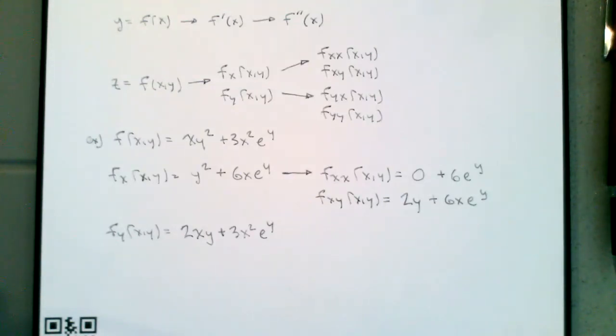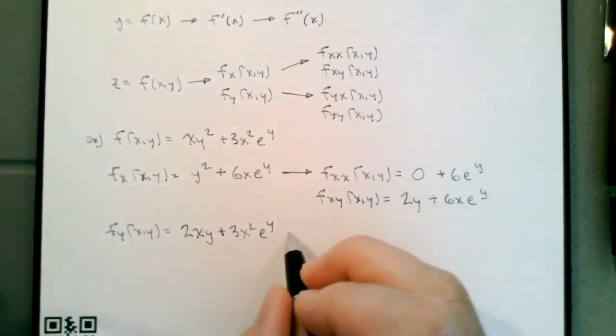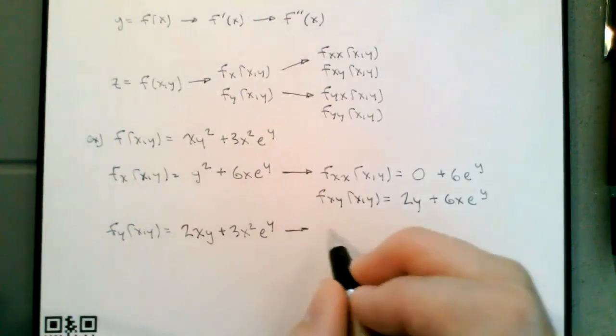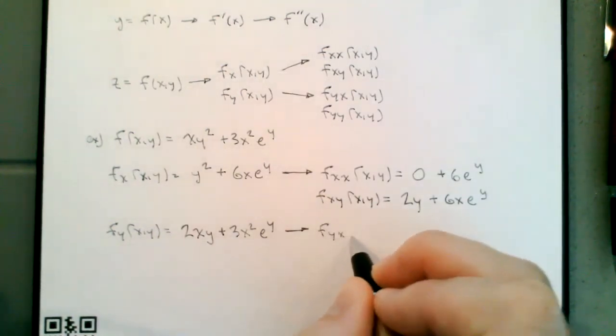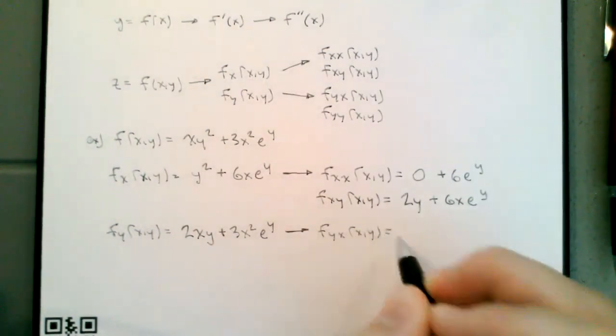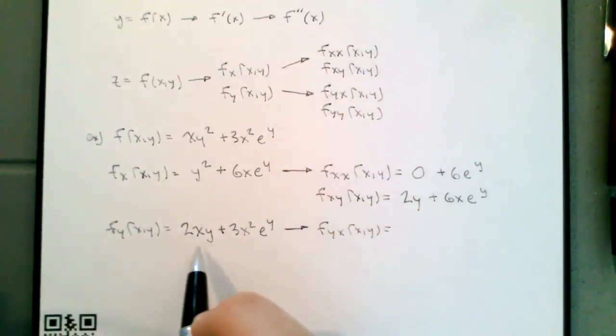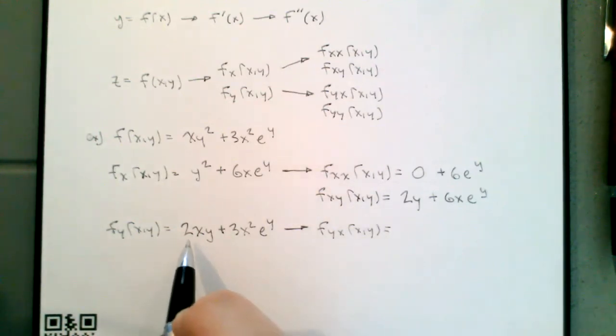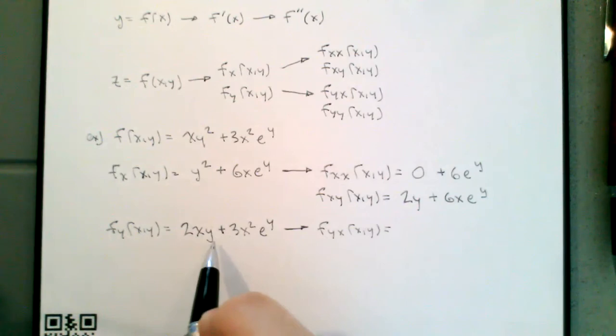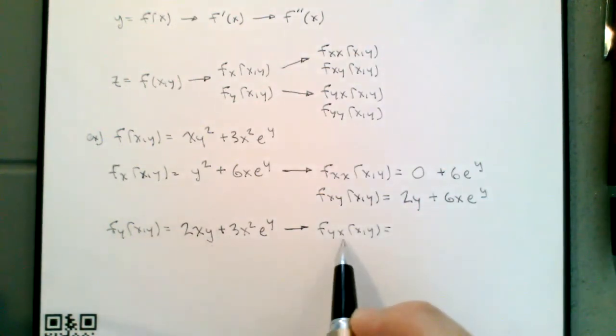Now I need the 2 second partial derivatives, and that just means find the x and y derivatives of fy. I'll start with fyx at xy. Now I'm going to look at this fy, but now x is the variable. So in this first term, I want to take the derivative of 2xy, but y is the constant factor now, because we're taking the derivative with respect to x.